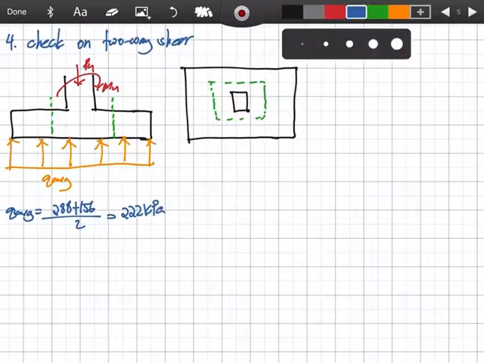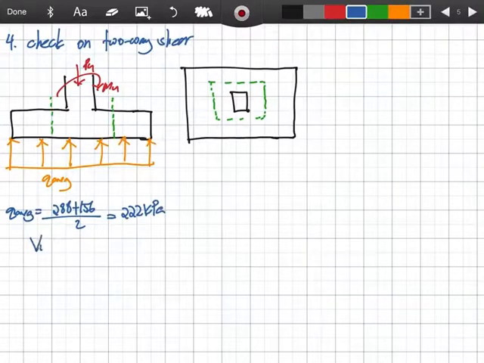Ang ating critical perimeter, bo, that is c plus d times 4. Okay, class. So, for check on two-way shear, how are we going to check? The same. Vu must be less than or at least equal to phi Vn.